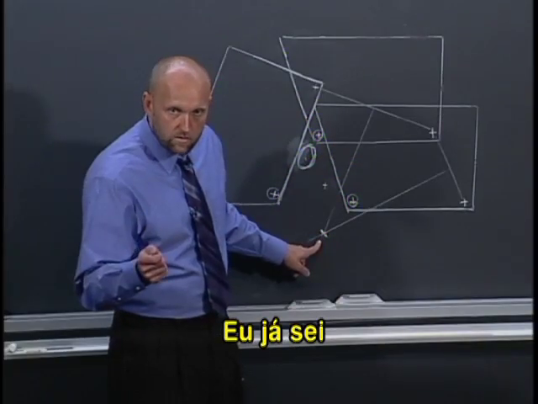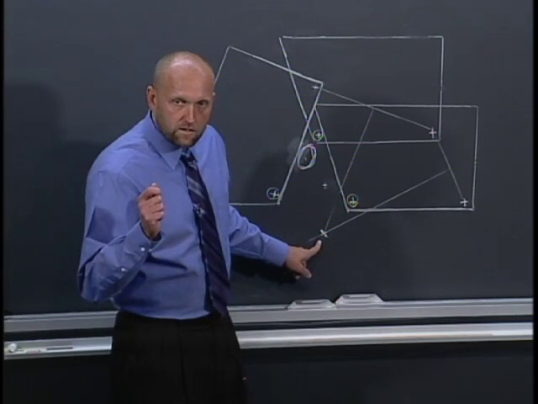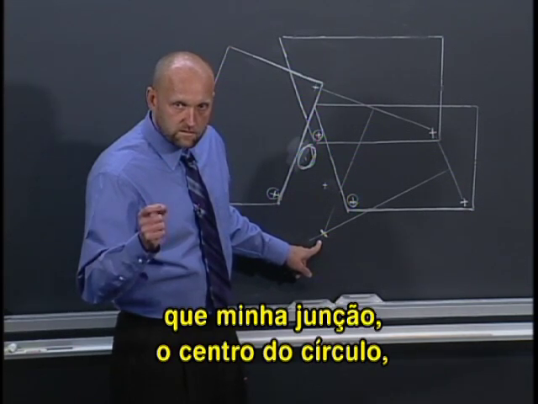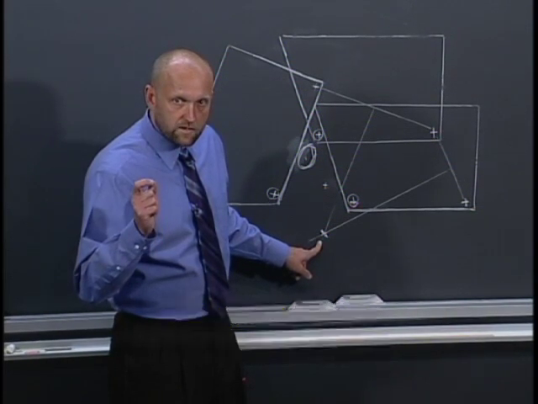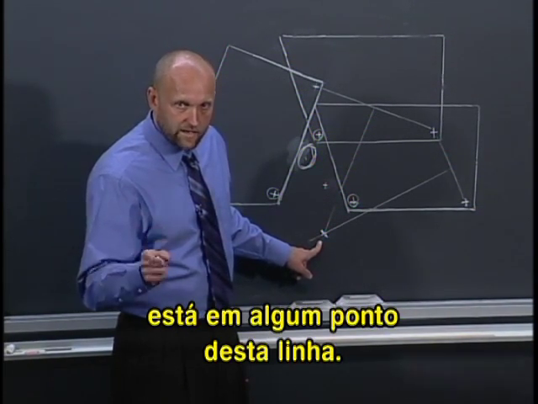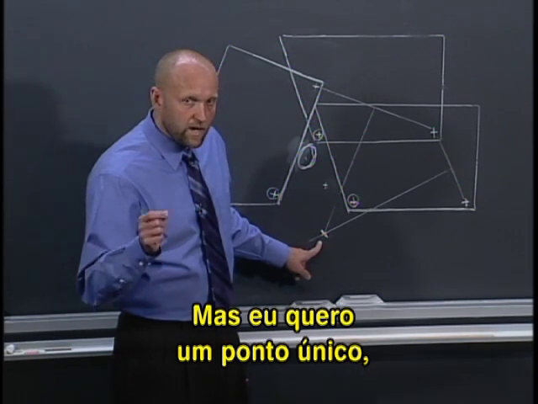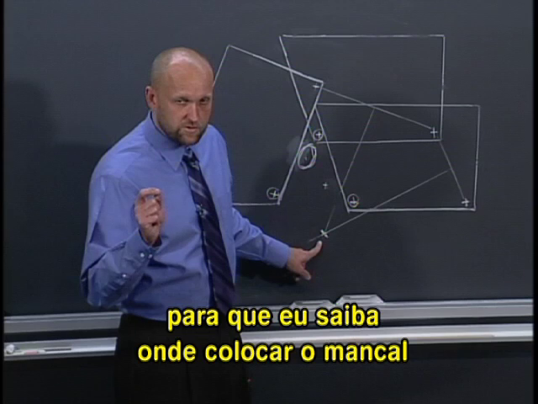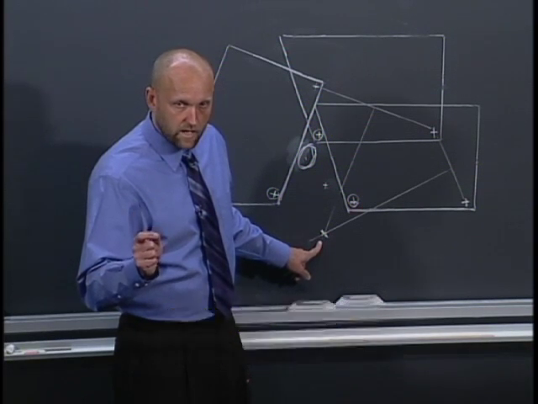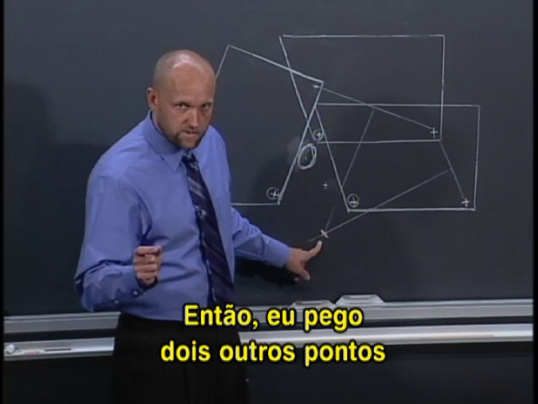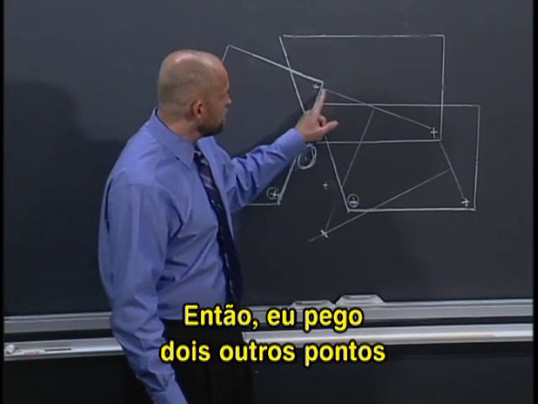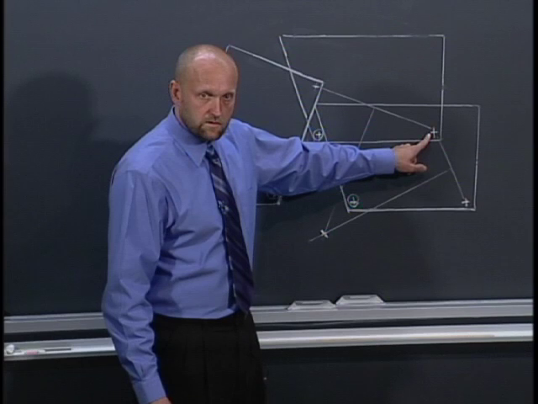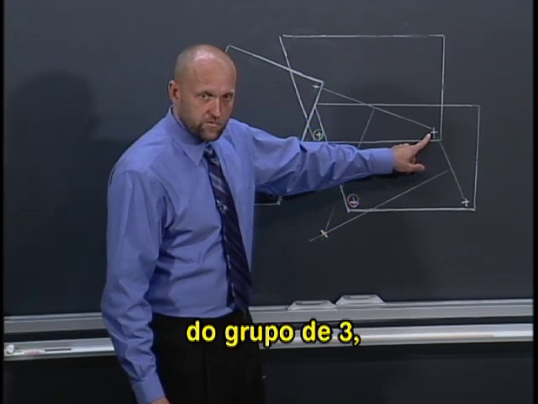Now, what I know is that my joint, the center of the circle I need, is somewhere along that line. But I want it down to a single point, so I know just where to put the bearing on the bed of my truck. So I take 2 other points from the set of 3.